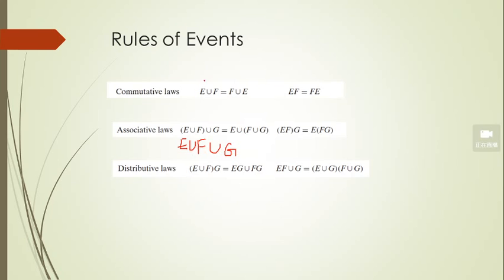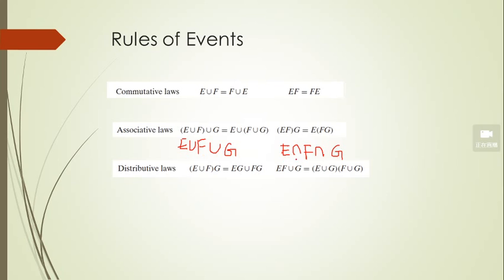Here, E and F, then and G. That will be F and G first, then and E. That will be the outcomes that occur in every event, E, F, G, right? E, F, G will consist of the outcomes in every event. This one implies the union of three events, which occurs in any event E or F or G.